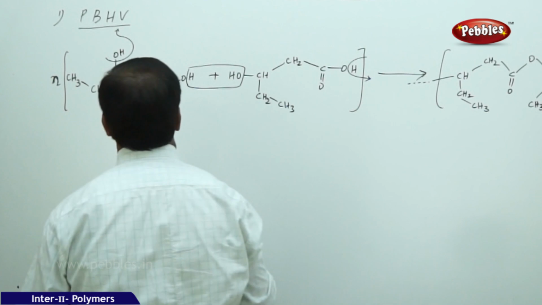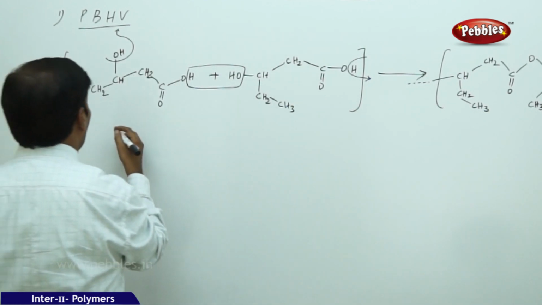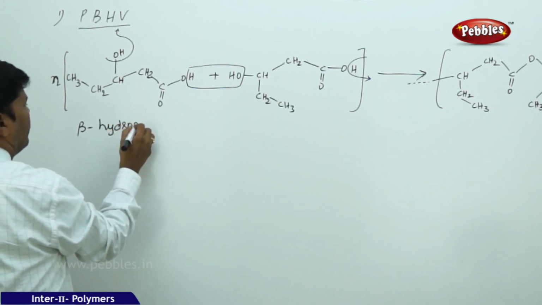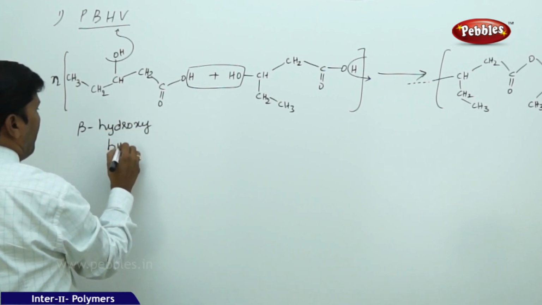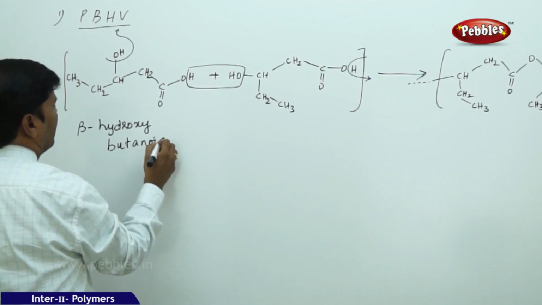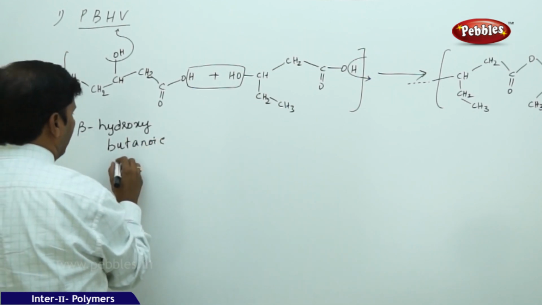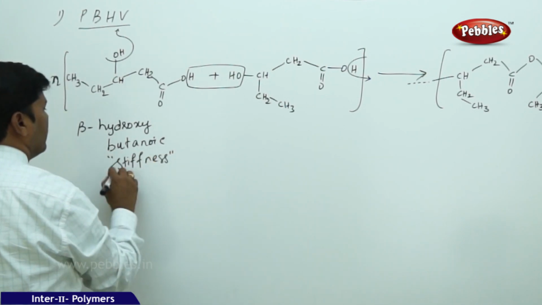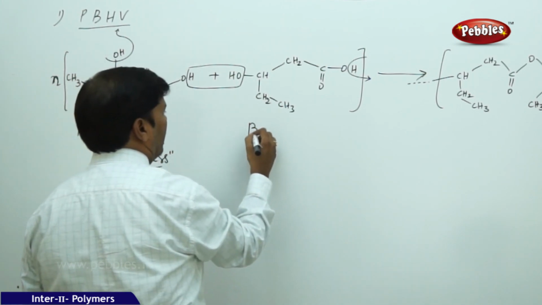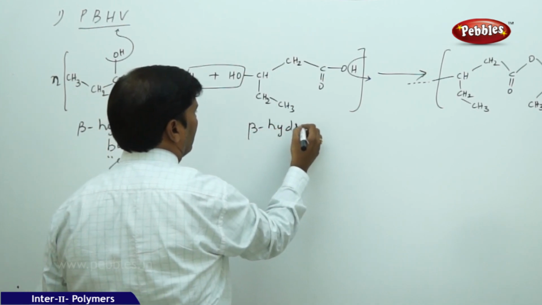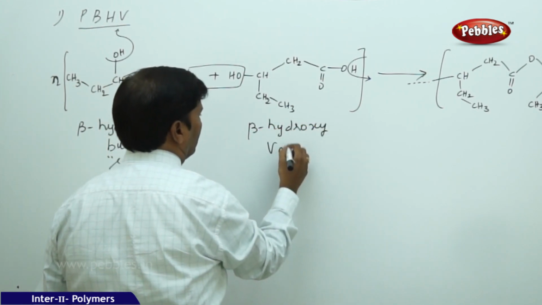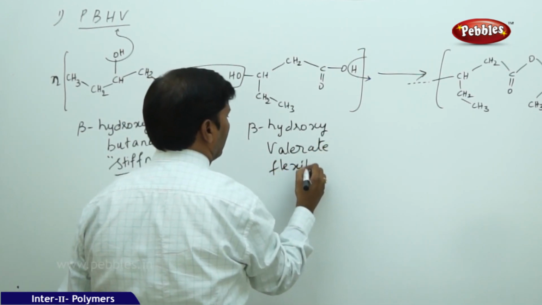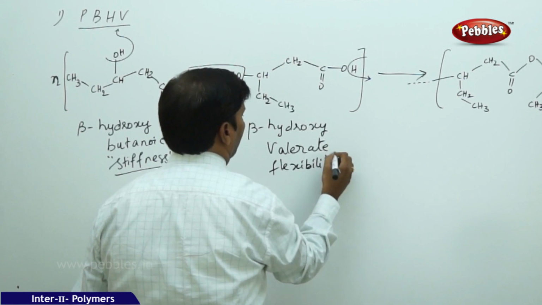So what is interesting here is this is beta hydroxy butanoic acid, which gives stiffness to the polymer, and this is beta hydroxy valerate, which gives flexibility to the polymer.